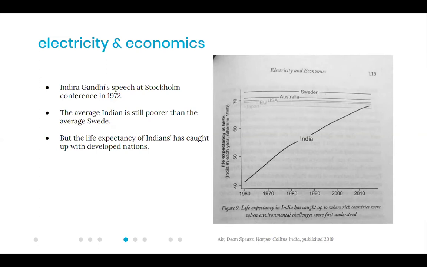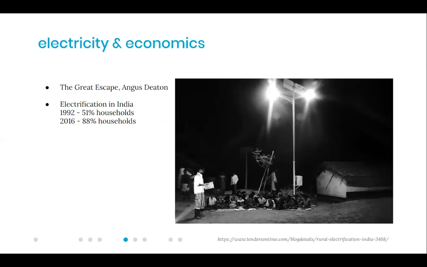So he asked whether we can still use this as an excuse to avoid environmentalism in the name of development. So he takes us back to the Great Escape, and electrification is a key factor in this Great Escape. And it is also a chief indicator of the economic status of a country.